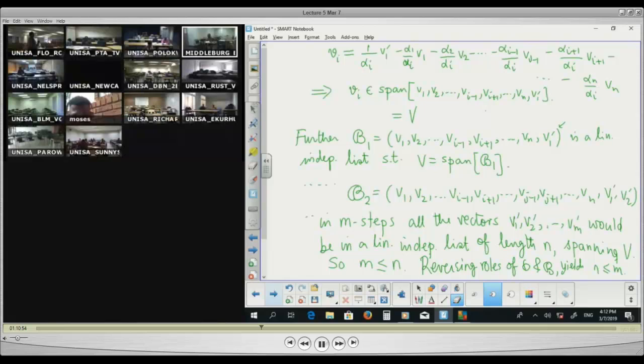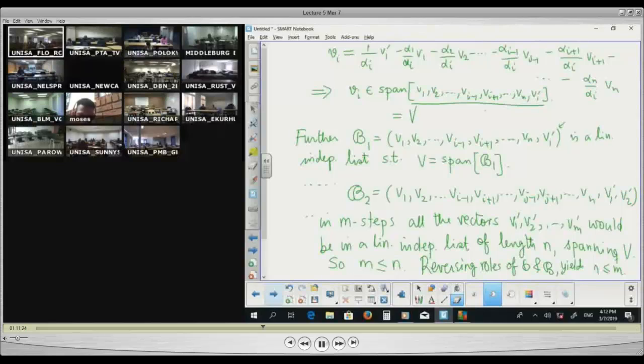Okay, one minute. Firstly, what I'm trying to say in this part is that I have put Vi as a span of vectors V1, V2 and so on, which are linearly independent, and it doesn't contain that Vi. That's why I wrote all that much.